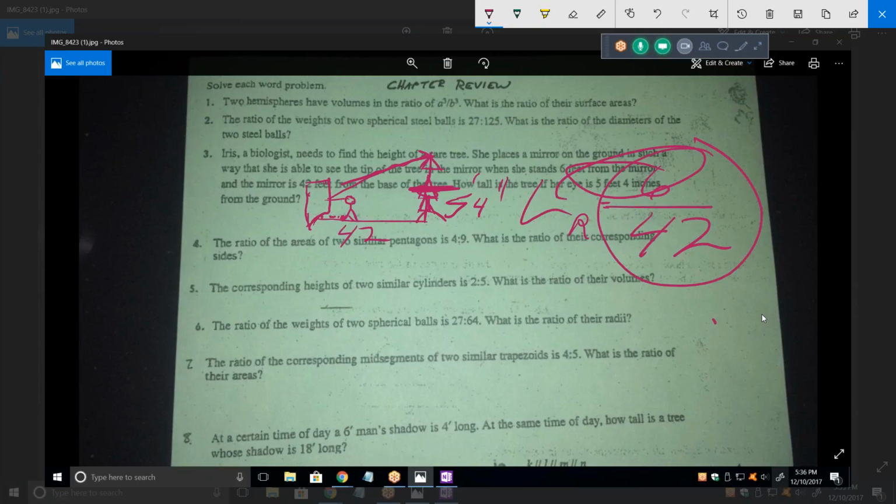Well, you don't get the top of the tree if you look dead on. You got to look a little higher. In other words, there's an angle of reflection there. If she's seeing the top of the tree, then she's really seeing that. And that becomes a much, much more complicated geometry problem. And I'm not sure they intend for this to be that complicated. It's complicated enough as it is.